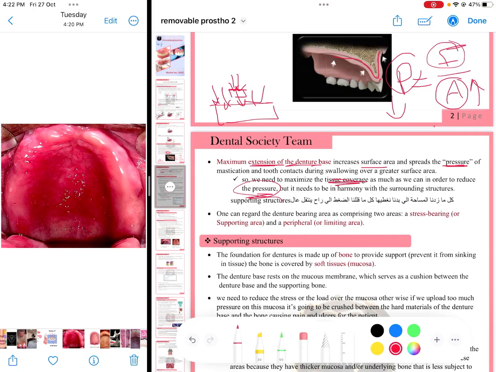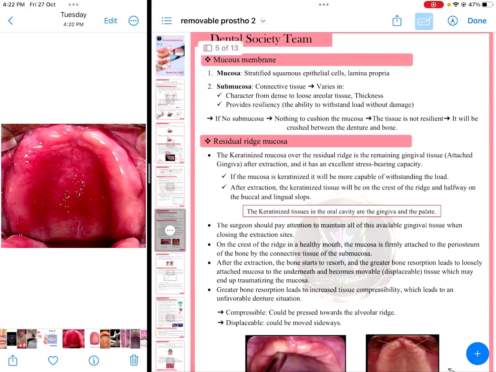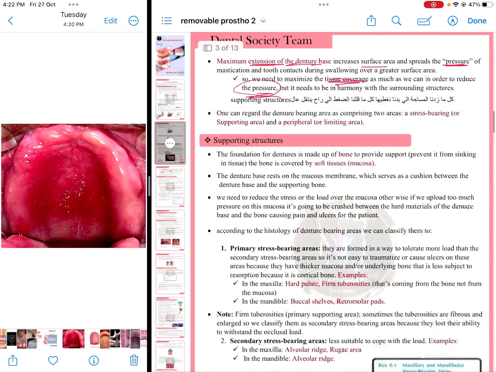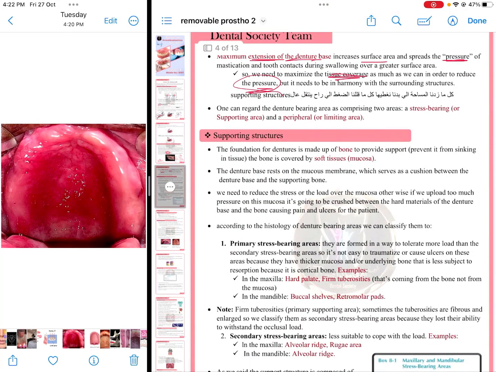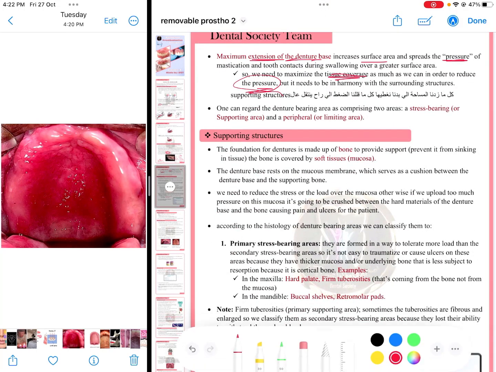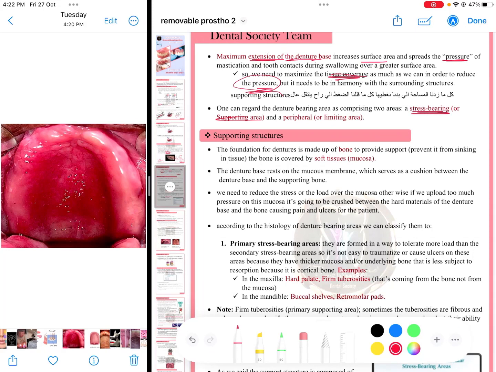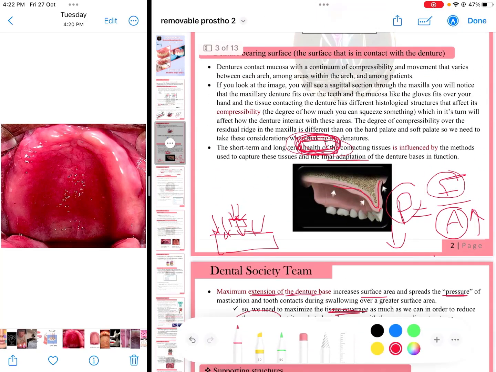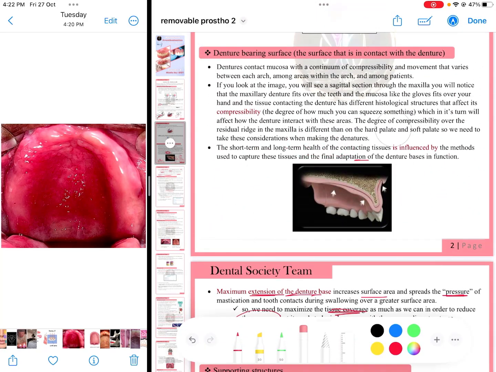Now the denture bearing area, the general term, is the denture bearing area. The denture bearing area is classified into, or composed of, two areas: the stress bearing or supporting area, and the peripheral area, which is the limiting area.